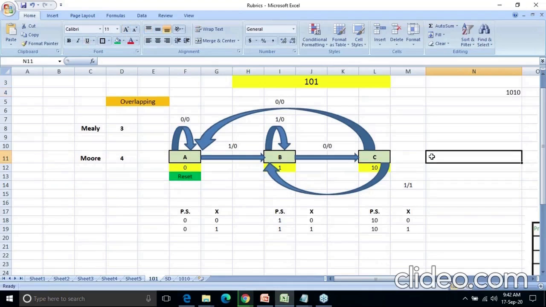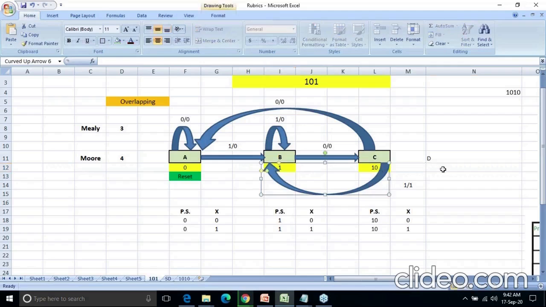How many states do you require? You require the next state as D, and what do you need to write here? Just comment.